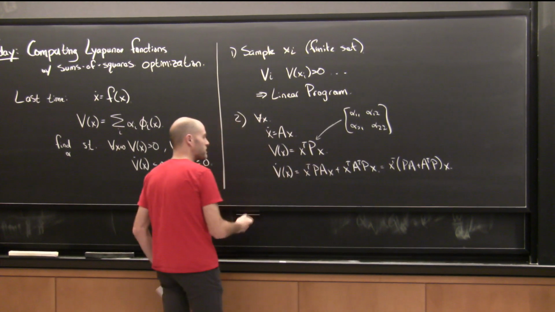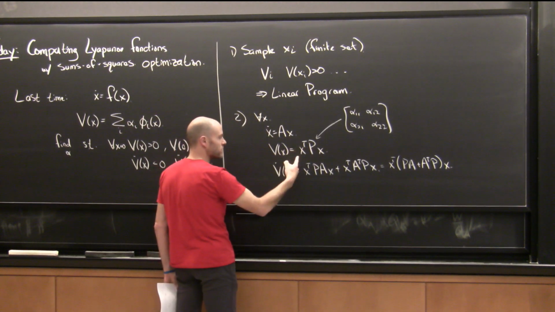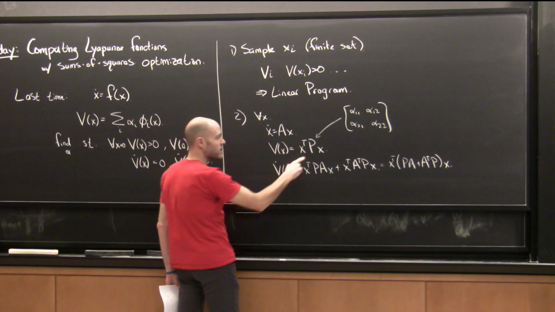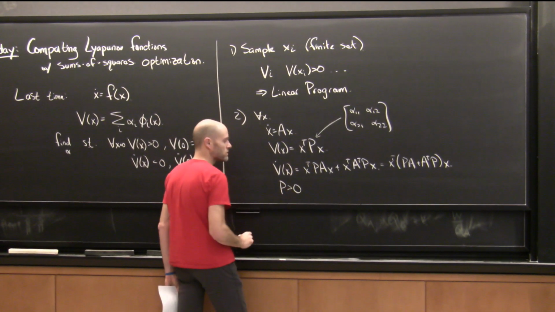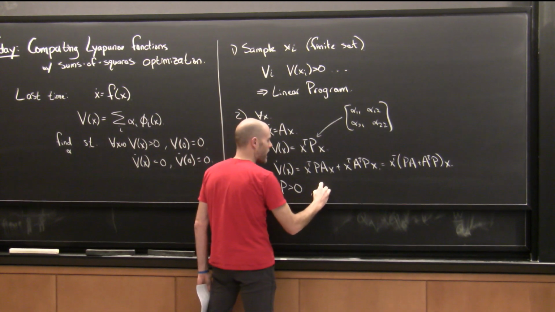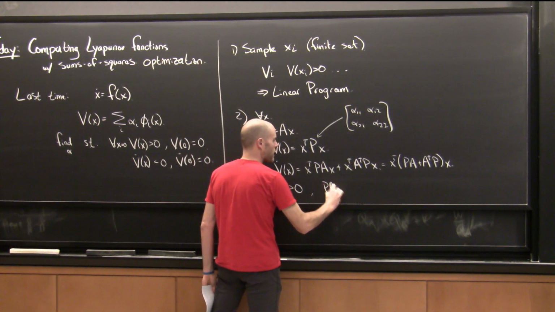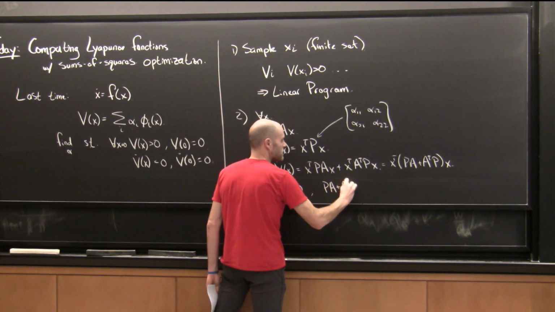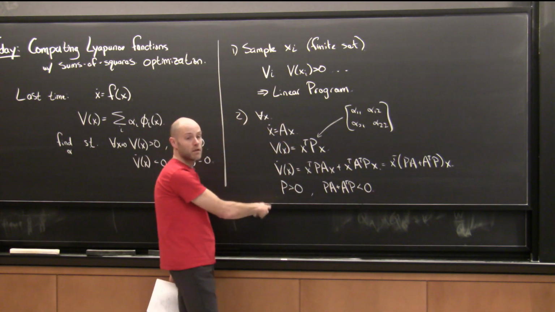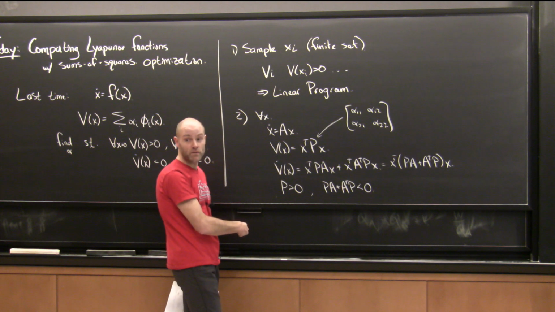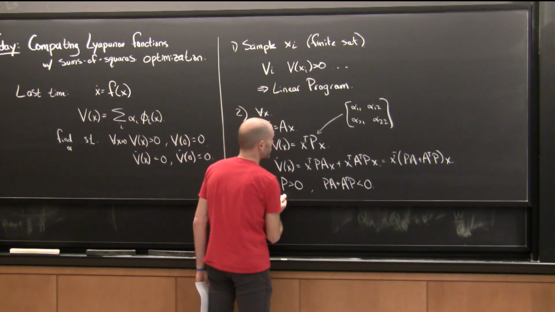which we could also write compactly. So our Lyapunov conditions for all x could suddenly be summarized by just saying that if P is positive definite, and PA plus A transpose P is negative definite, then we can say something for all x, right?